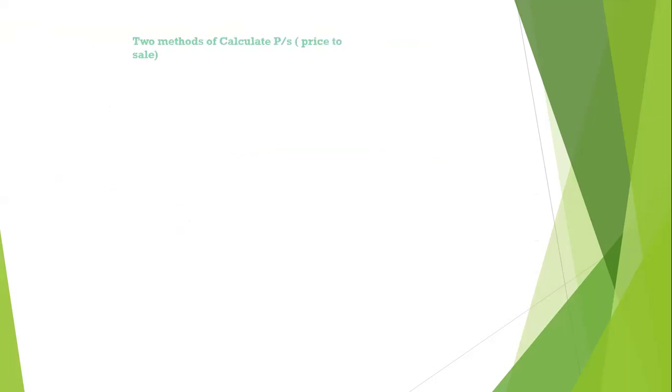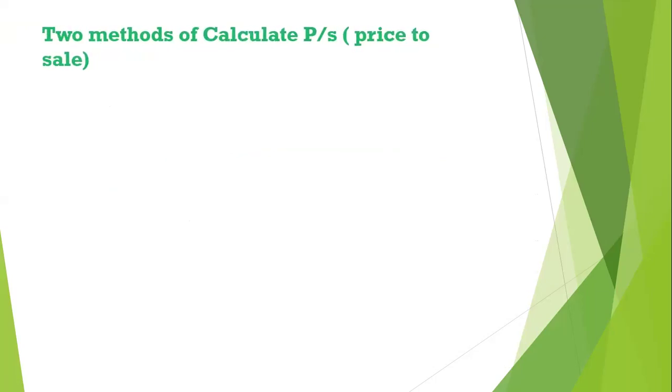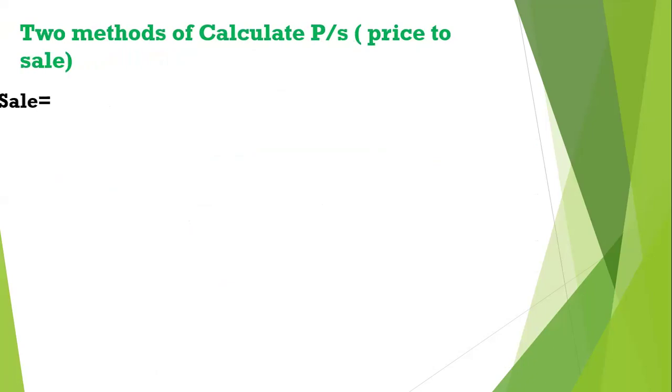This method of calculating is good for people who are still students. Maybe you can apply it when they ask you to calculate the price to sale ratio of this company. It's very easy.